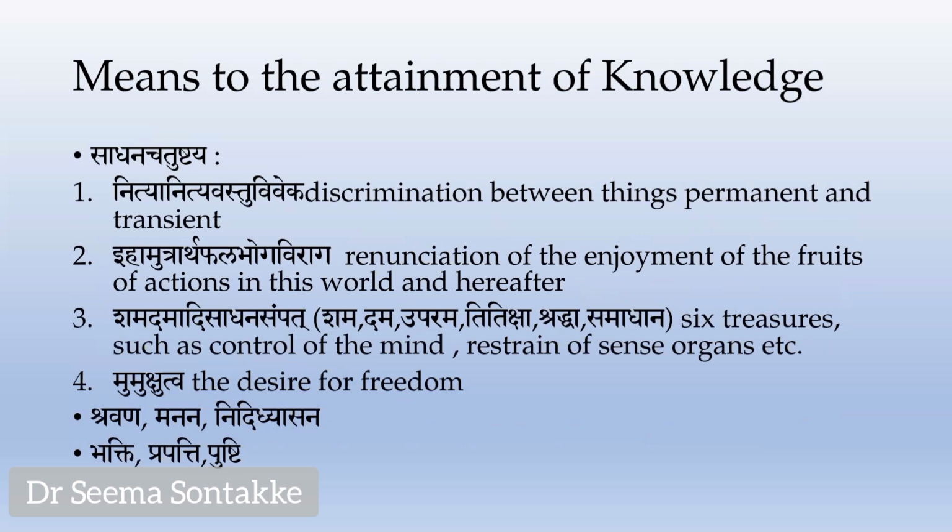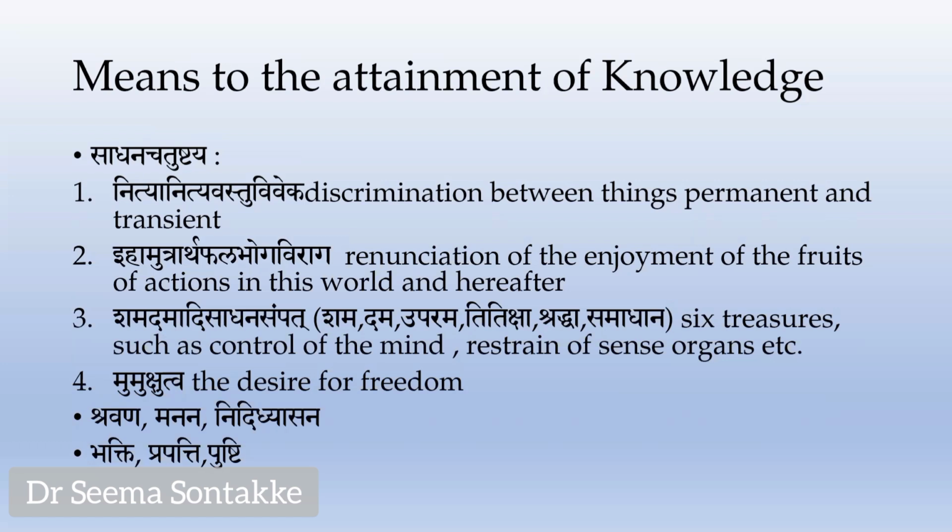The path of realization is also explained very well in this system. What are the means of attainment of knowledge then? They have explained the sadhana chatushtaya, the path of realization, which includes viveka, vairagya, shama, dama, etc. And lastly, the most important is the desire for freedom.